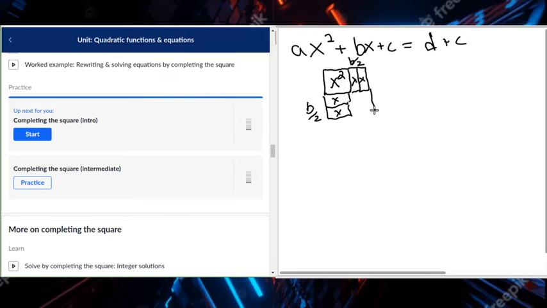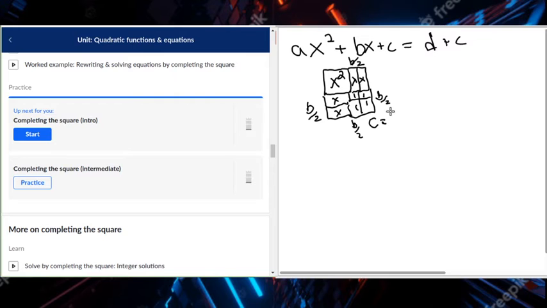And then we fill this up with C unit algebra tiles, and in this case this is still going to be b over 2, and this is still going to be b over 2.